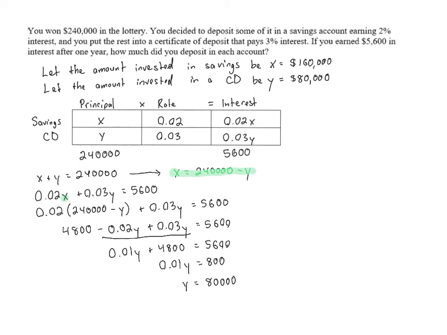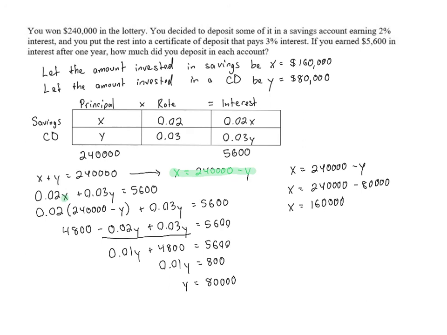If you can't do that in your head, or if you want to just continue with substitution, we can take the equation x equals 240,000 minus y, and we can make the substitution that y is 80,000, and 240,000 minus 80,000 ends up being 160,000. So that means that you invested $160,000 into the savings account.